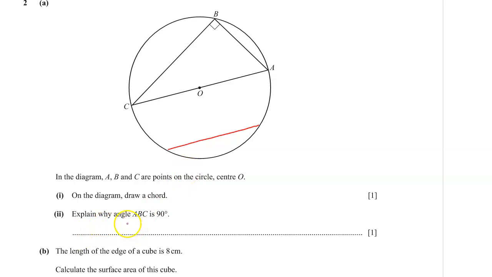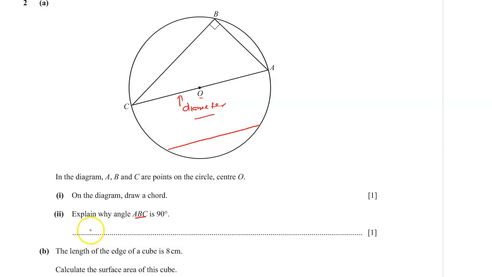Explain why angle ABC is 90. This is a diameter. So angles subtended on the circumference by a diameter are always 90 degrees.